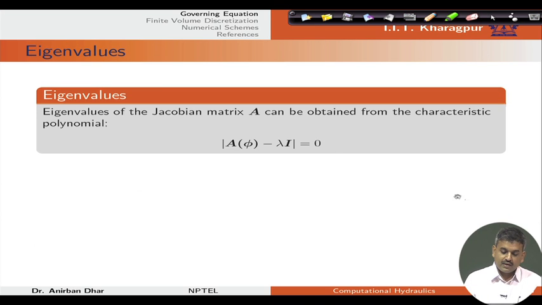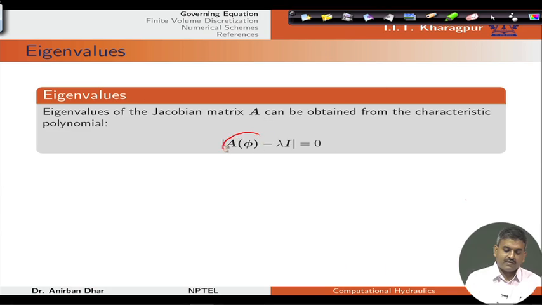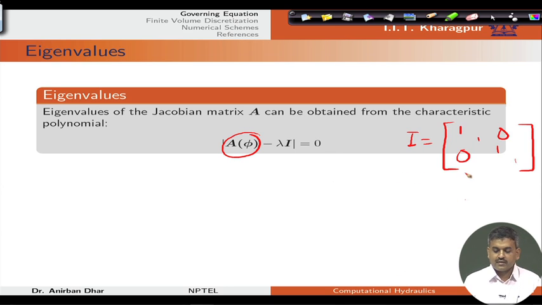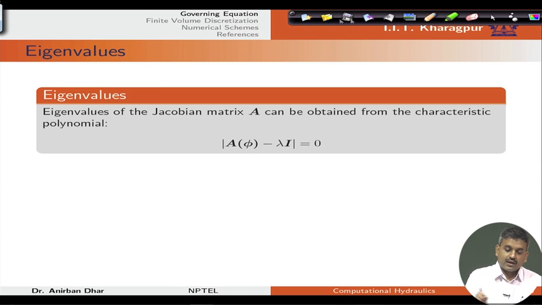Now, we can find the eigenvalues of this Jacobian matrix from the characteristic polynomial. If A is the matrix, I is the identity matrix, where only diagonal terms are there and the others are 0, and lambda is the characteristic value we use here.